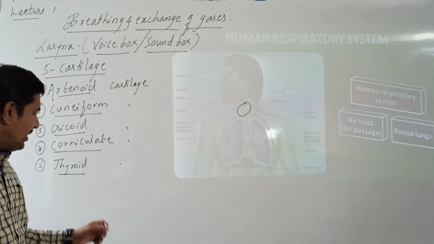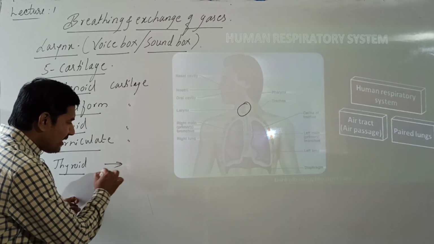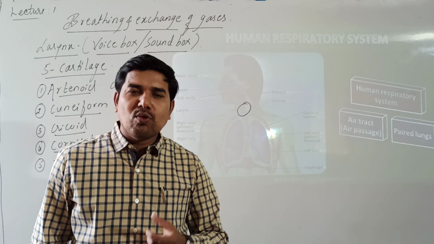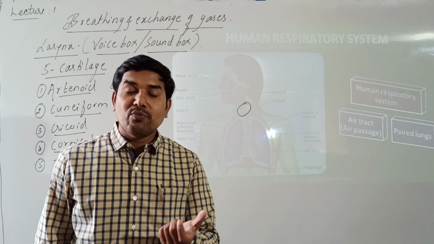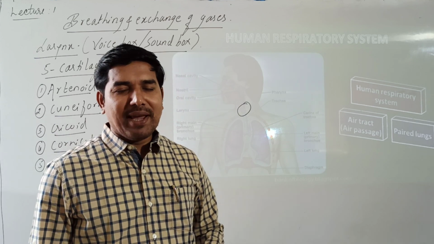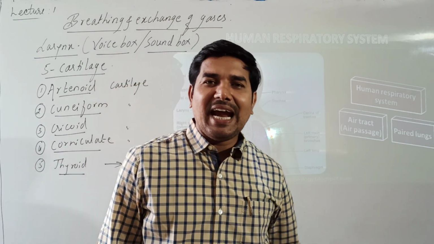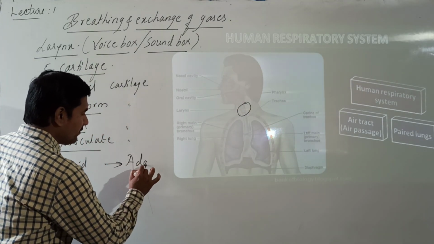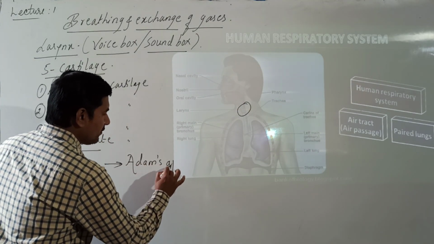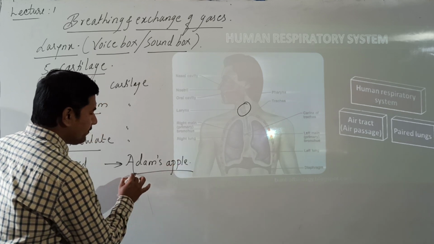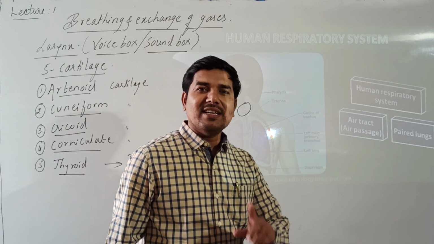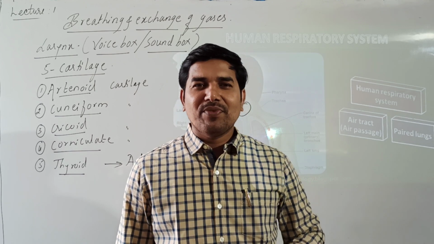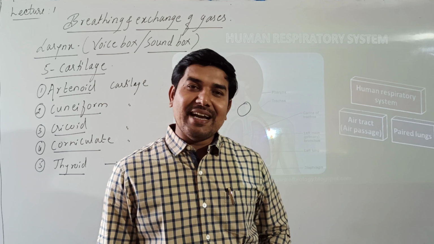Out of these, the thyroid cartilage is protruded outside to form a structure which is more prominent in males, and it is called Adam's apple. So the thyroid cartilage is protruded, mainly more prominent in males, and this is called Adam's apple.